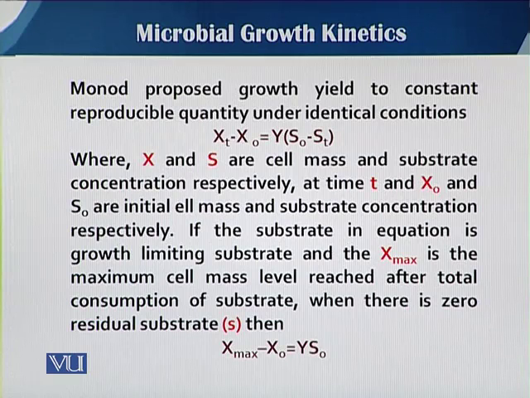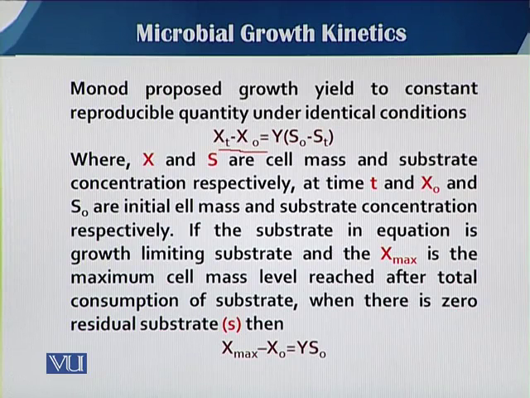Monod gave the equation under such conditions, which proposes the growth yield to be a constant, reproducible quantity under identical conditions. He said that Xt, the biomass at time t, minus the initial biomass, is equal to the yield factor times (S naught minus St).